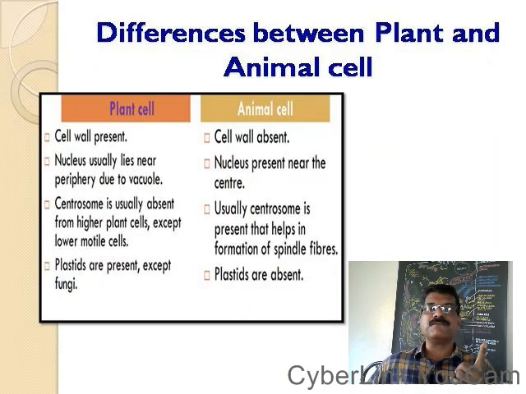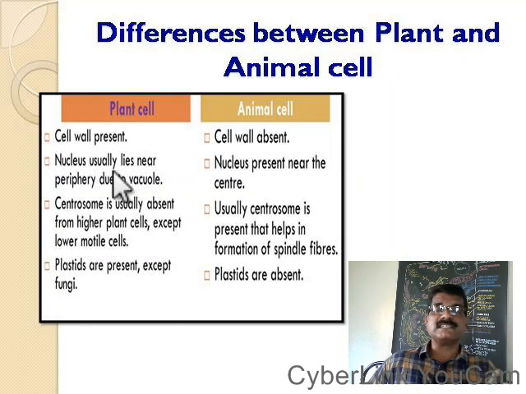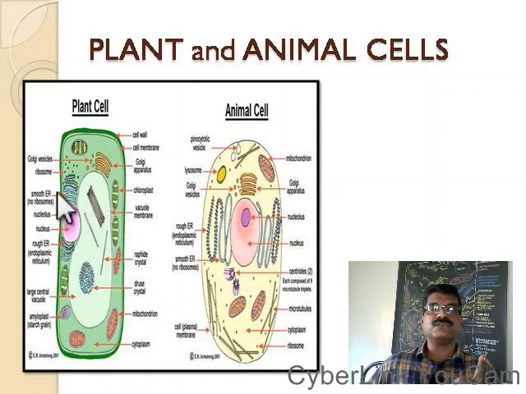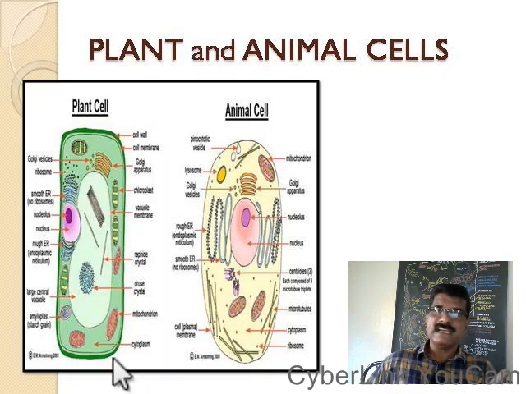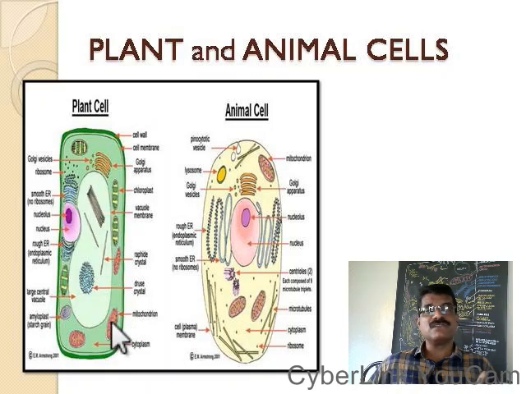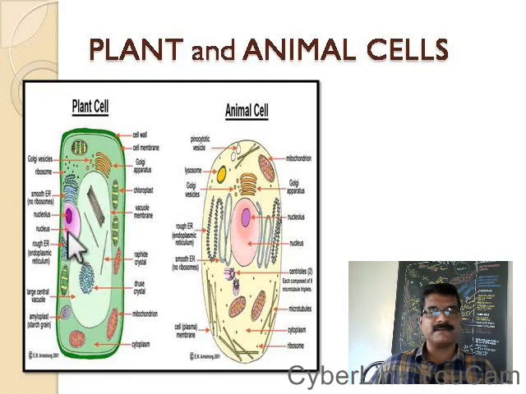And the next difference, you see, the nucleus in plant cell is towards a side. Why? Because of the bigger size of the vacuole. Because of the bigger size of the vacuole, the nucleus is pushed towards a side. But in case of animal cell, the nucleus is located at the center. Why? Because here vacuoles are absent.